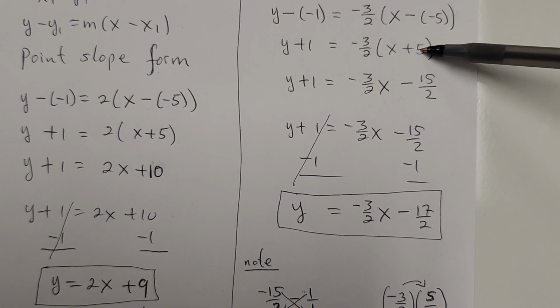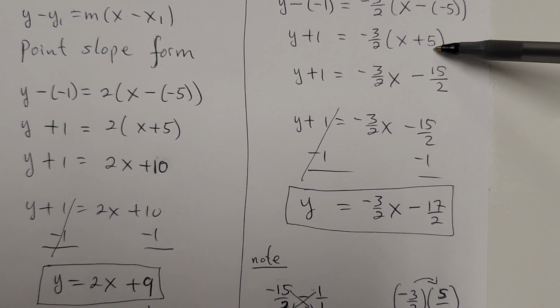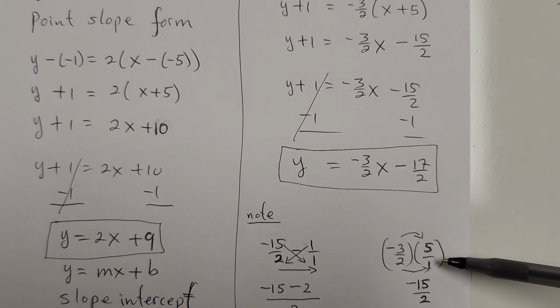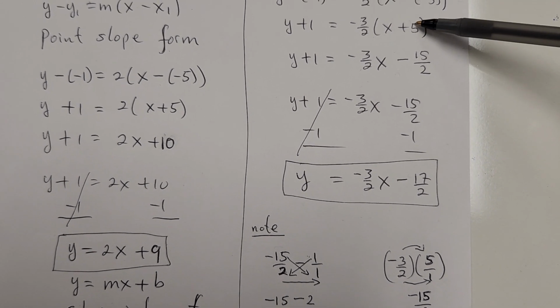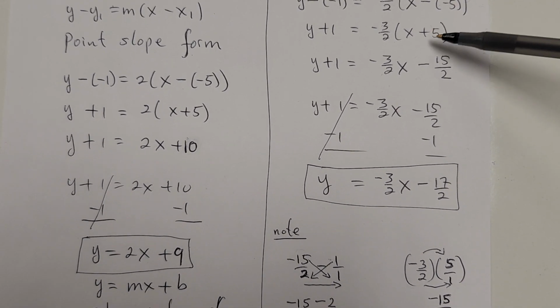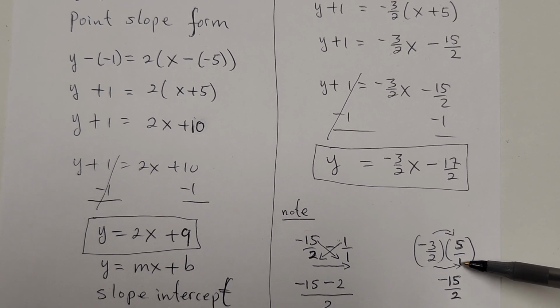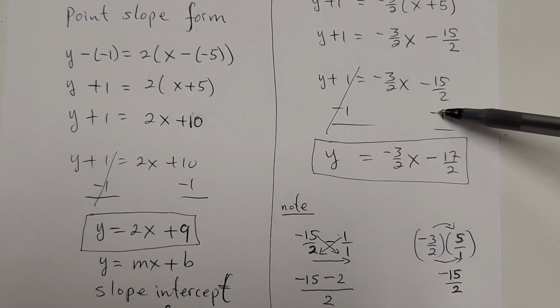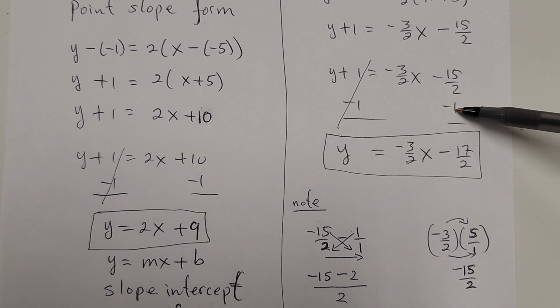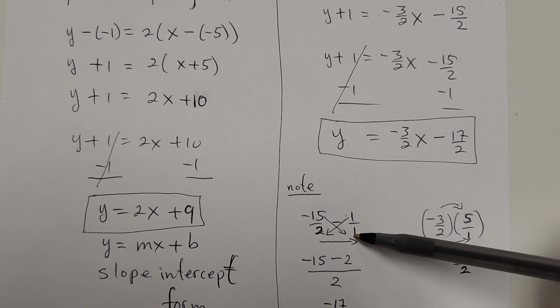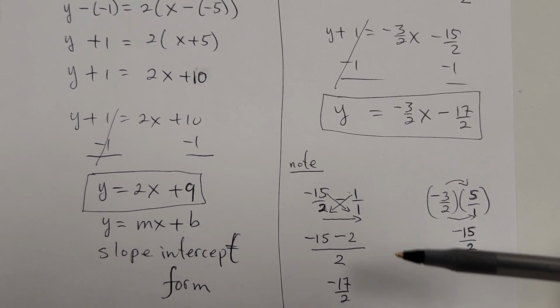Similar to here, this is 5 with no number underneath, but I can still put a 1 underneath, so that I can get a fraction.